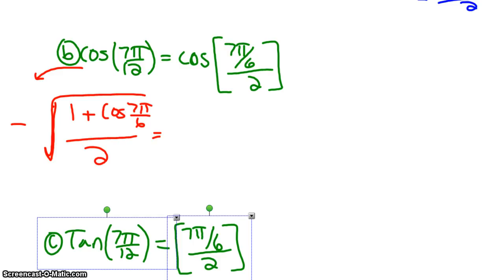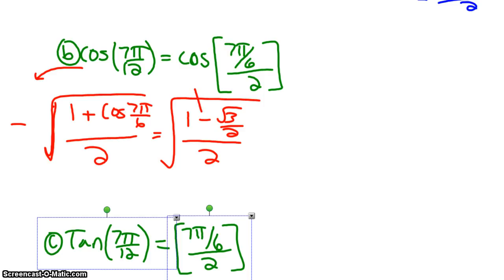Now, again, probably a moot point doing these reductions, but I'll work through it with you. We have 1 minus radical 3 over 2, all over 2. Now, where did this negative come into play? Because cosine of 7 pi over 6 is definitely radical 3 over 2, but it is negative.